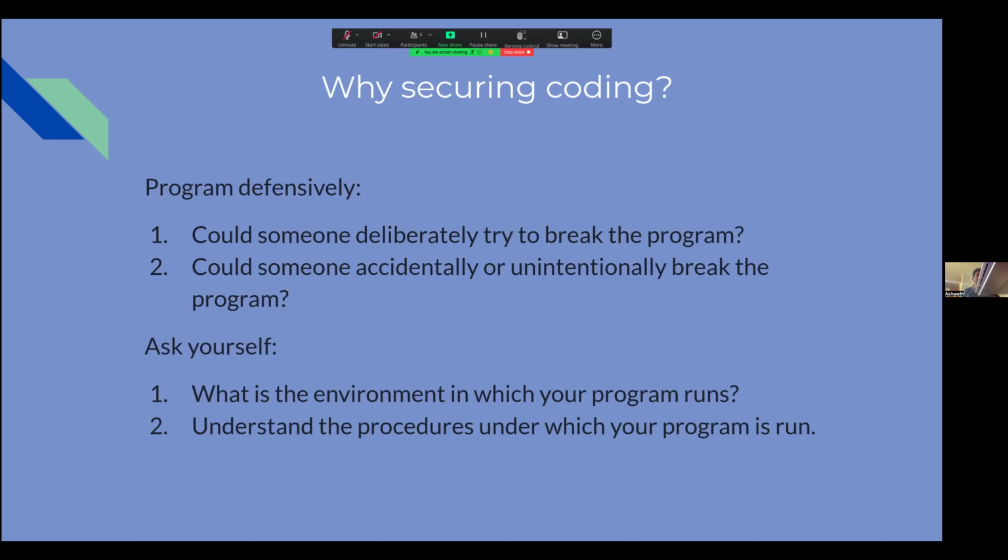So I think the first question is: why secure coding? What is wrong with the code that is written by developers every day, and what exactly does secure coding mean? Programming defensively is a very crucial part of securing the system by design and by implementation.